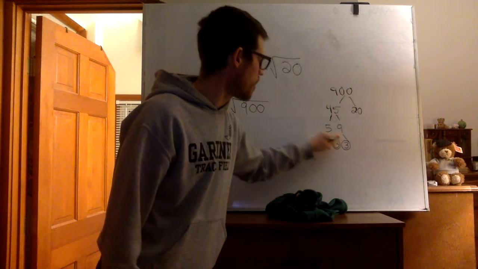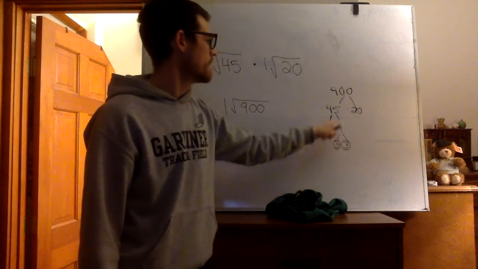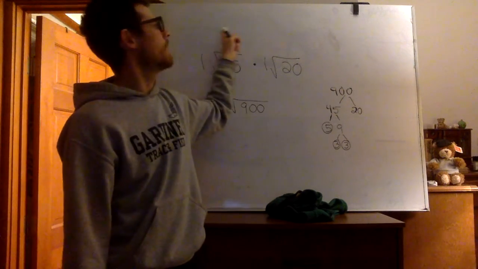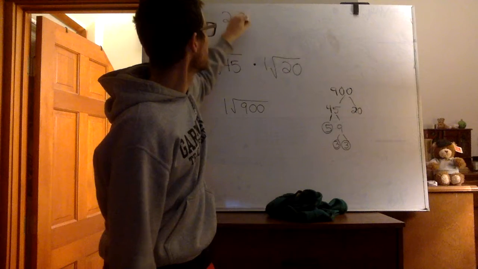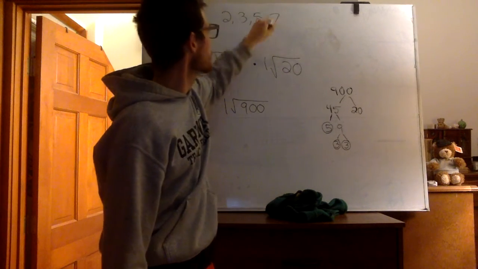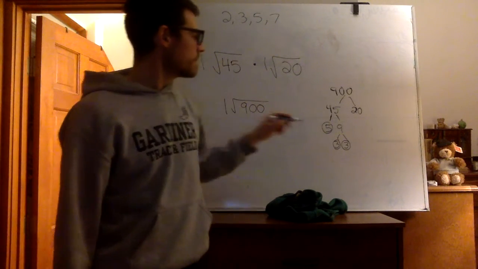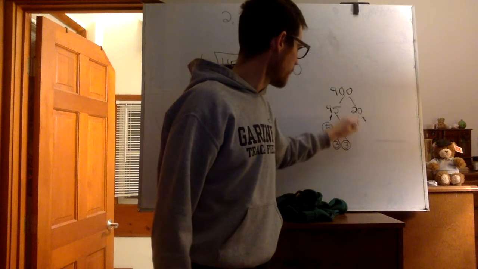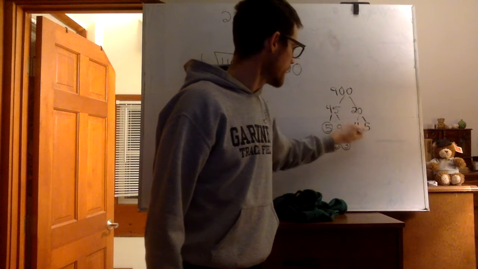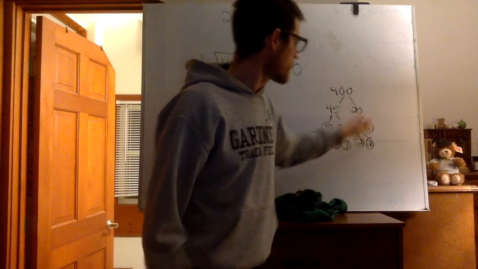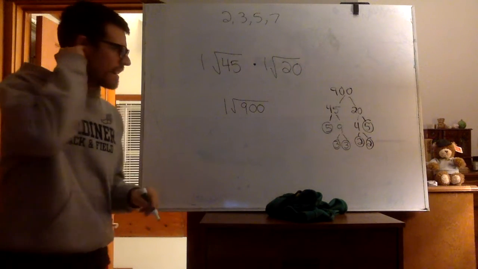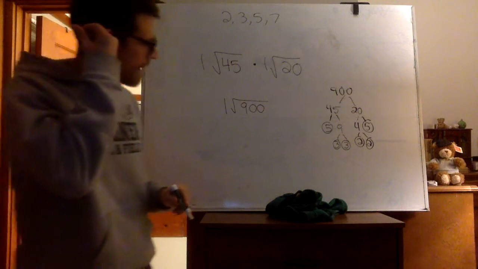So I've got all prime numbers here. But 20 is not prime. I erased my list. Sorry about that. 2, 3, 5, 7. I can divide this by 4. And then that's 2 and 2. So I was able to get all that 900 broken down into these pairs.